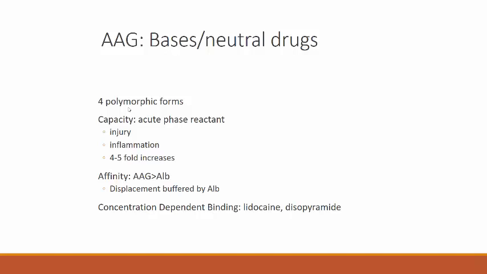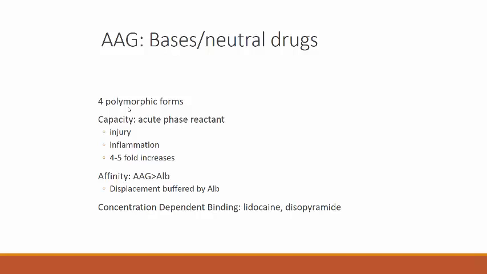One of them is AAG, which is a binding protein. If you were designing the human body, isn't it a good idea to release these proteins that will bind up drug or toxins or whatever is poisoning your system and make them inert because you've bound them up? Because remember, bound drug is inactive drug.